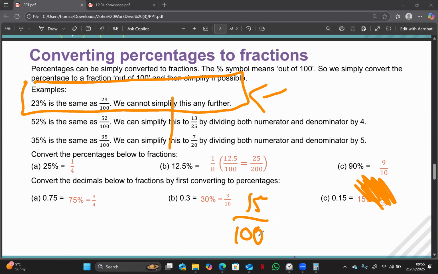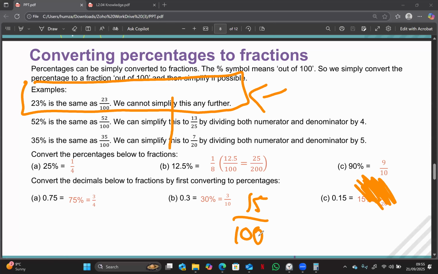No, 25 is bigger than 15. Trying to find out the number.